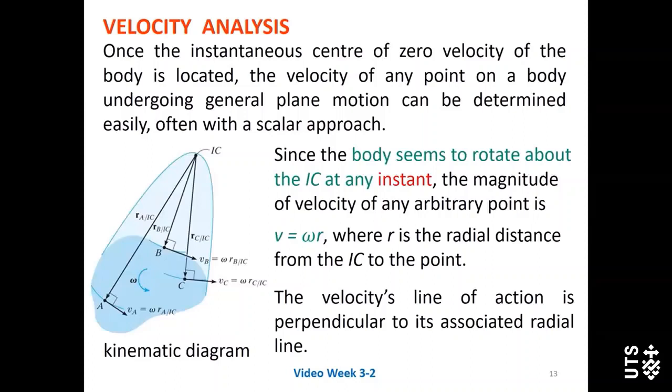Or if you know the IC point and you know the direction of VA, then you can easily determine the direction of the angular velocity omega.